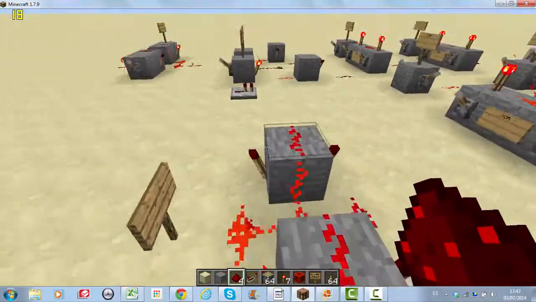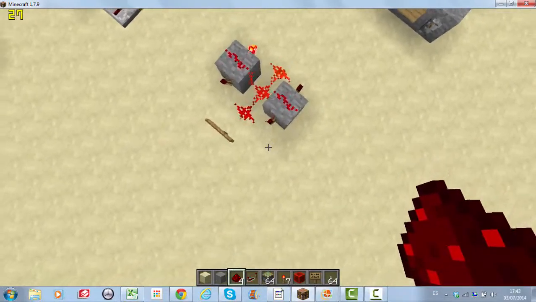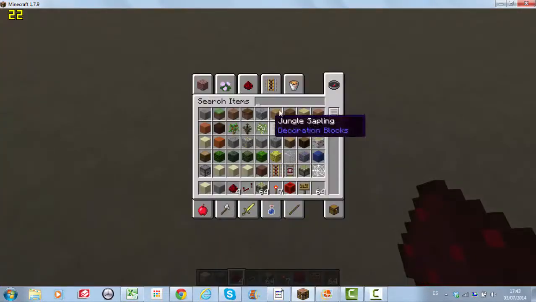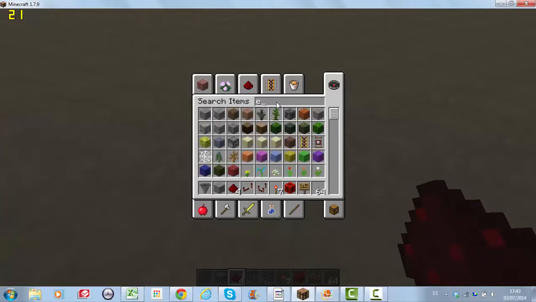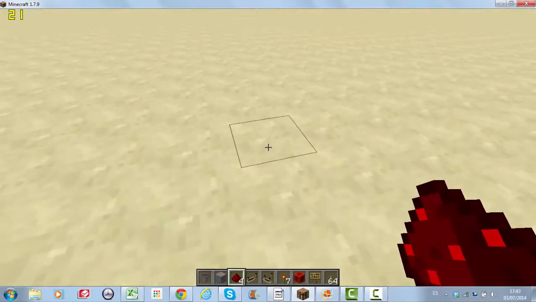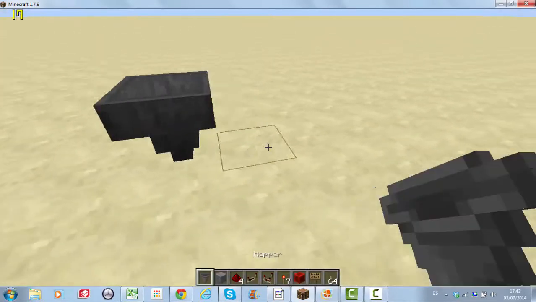Another way of making these rapid pulsars is by getting a hopper. Yeah. Get a hopper and a comparator. Oh, that's why I had a comparator in my inventory. I understand. Everything is clear to me now. So unless you know how hoppers work, right? Okay. So what we're going to do here is break this one now.